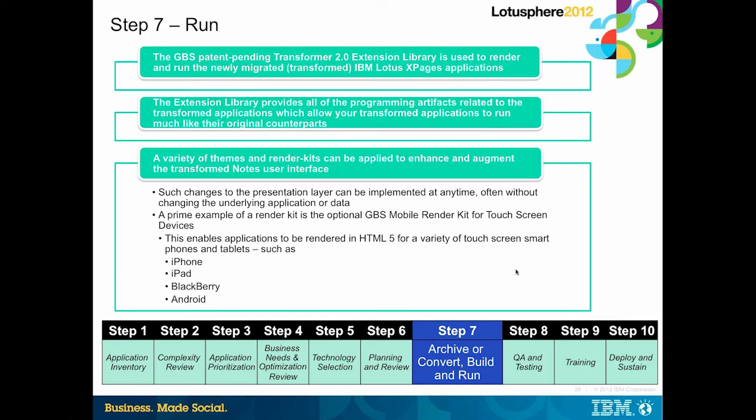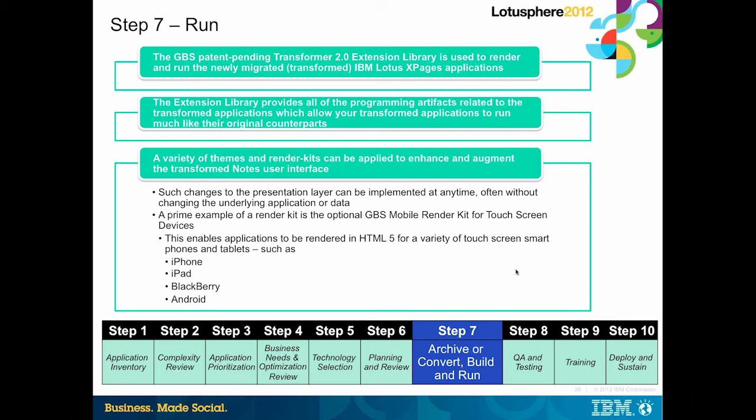The additional value add for the transformation extension library runtime is that it allows us a unique opportunity because we know what the code output's going to be. We can definitely take advantage of the existing theming capabilities that are built into core XPages, but then we can also do some really cool things without any additional code.